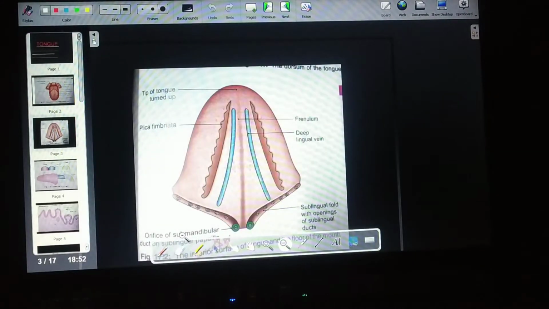This is the orifice of the submandibular duct, and the sublingual papillae. These are the big ones. And this is the tip of the tongue. This is the frenulum present on the ventral surface, and this fold is called the plica fimbriata.